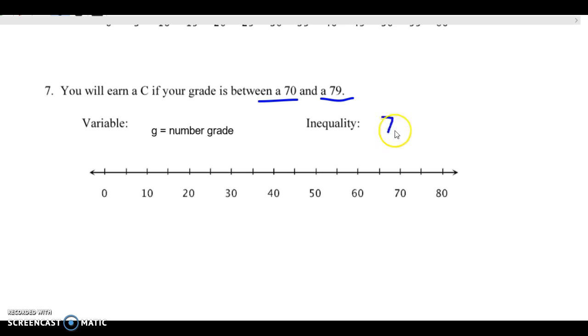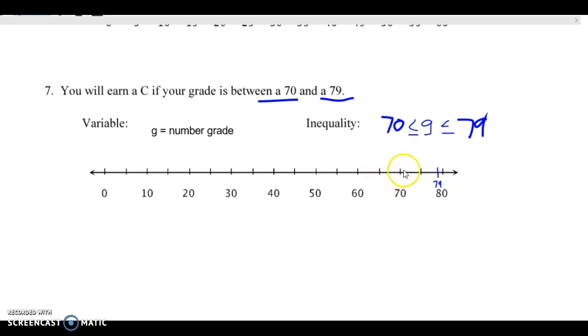So here's the grade. You want the grade to be greater than or equal to 70 and less than or equal to 79. So that's between 70 and 79.